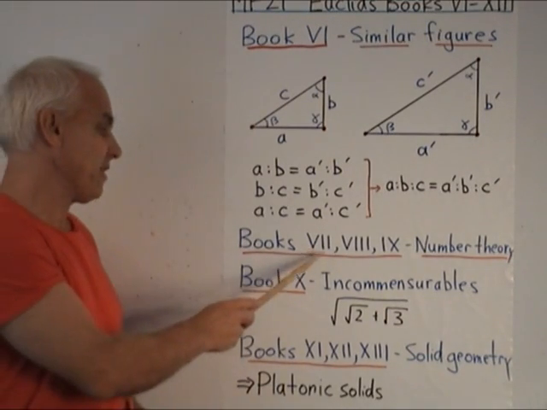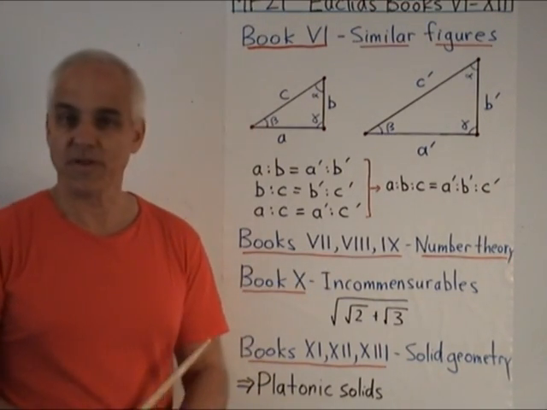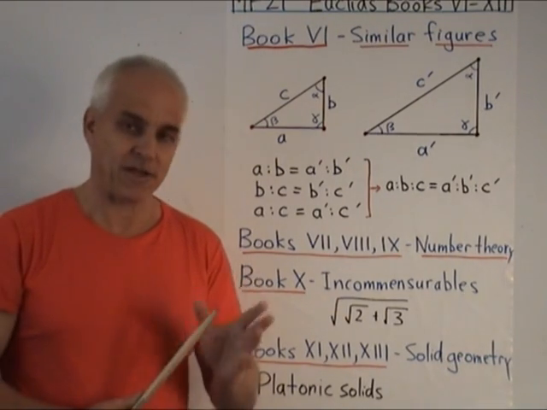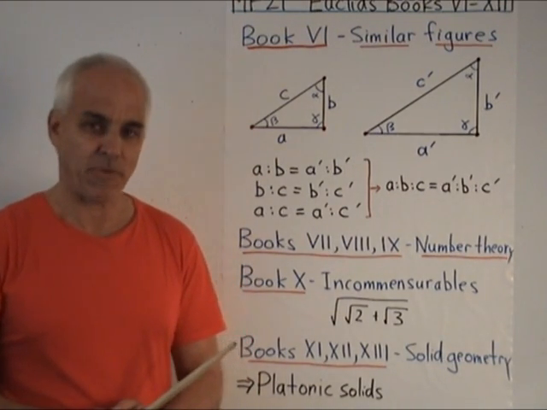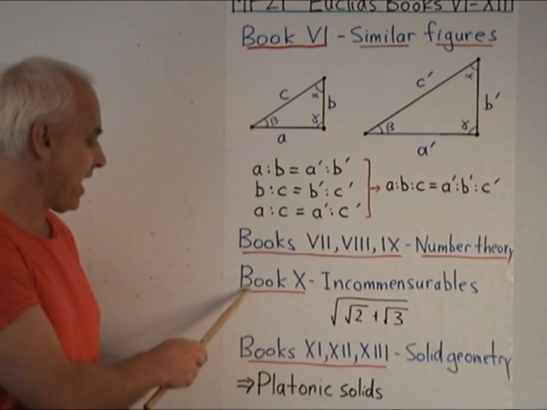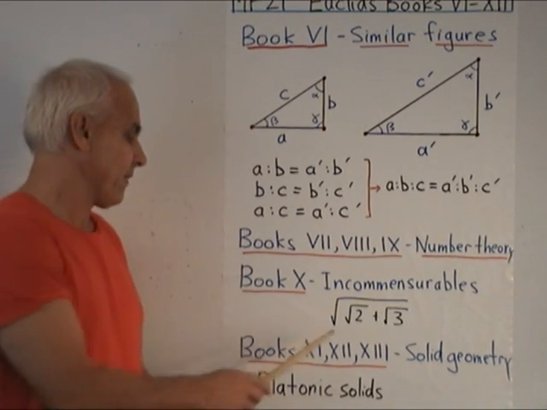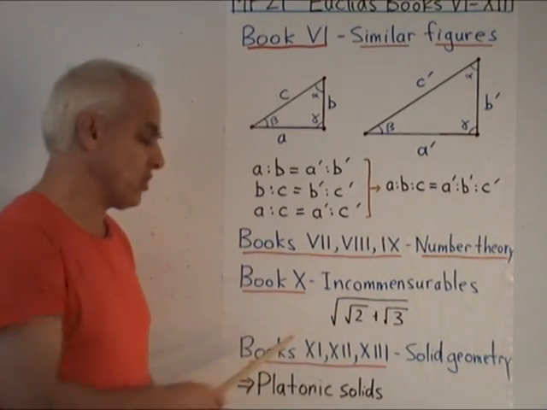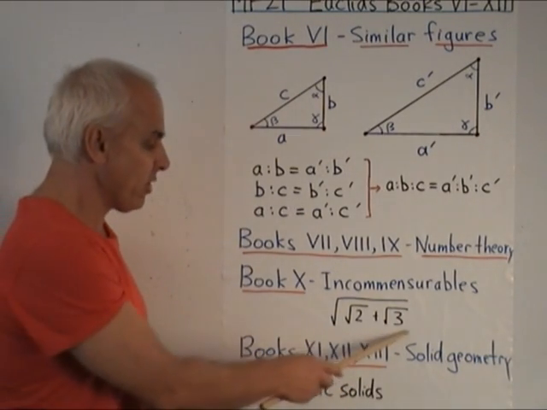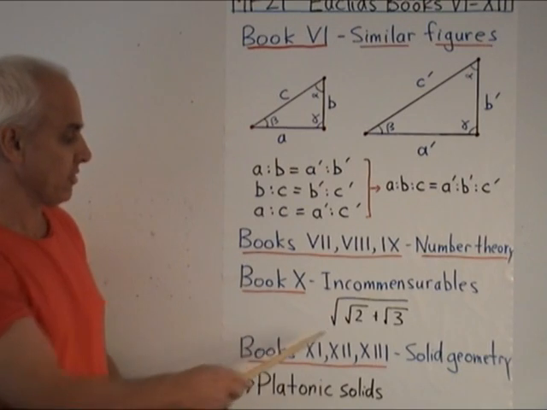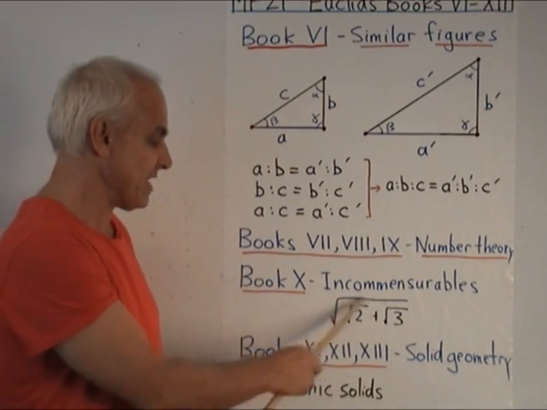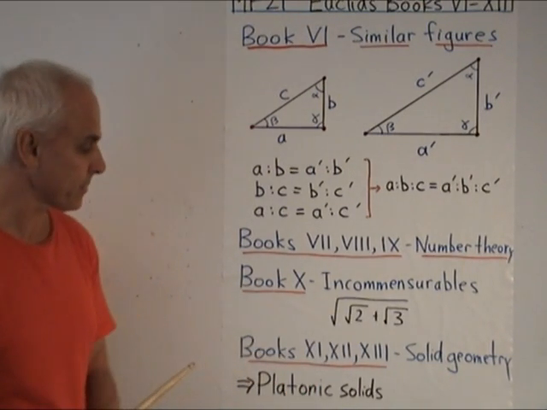Books 7, 8, and 9 are concerned with number theory, and they're not directly connected with our approach to geometry right now. Book 10 is dealing with incommensurable numbers. For example, Euclid shows how to geometrically understand what we would call the number root of root 2 plus root 3. So this nested kind of radicals.